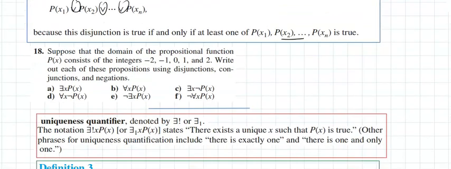Example 18. Suppose that the domain of the propositional function p of x consists of those integers. Write out each of those propositions using disjunct, conjunct, and negation. Well, let's see. Let me pick a couple of those. Let me look at A. It says sum.